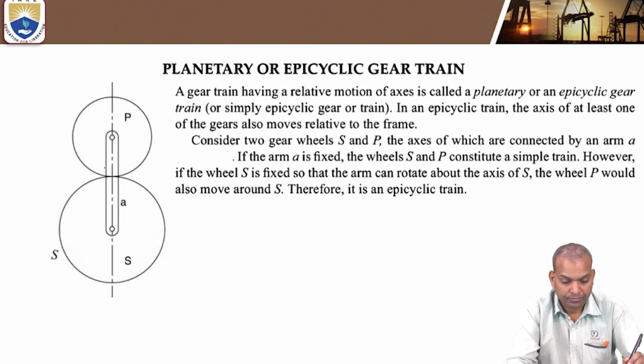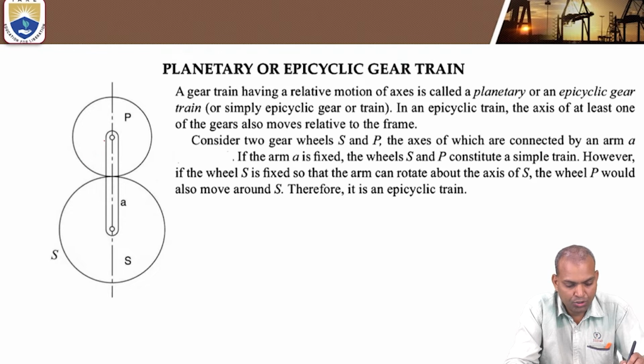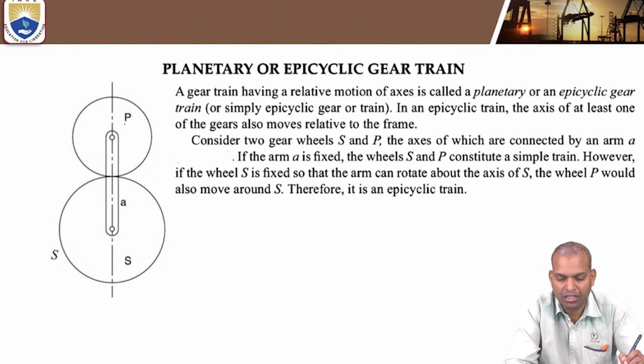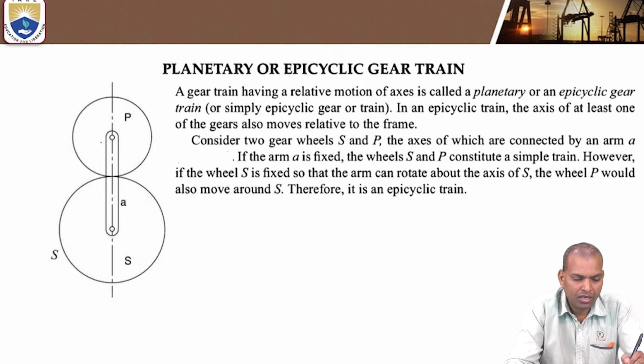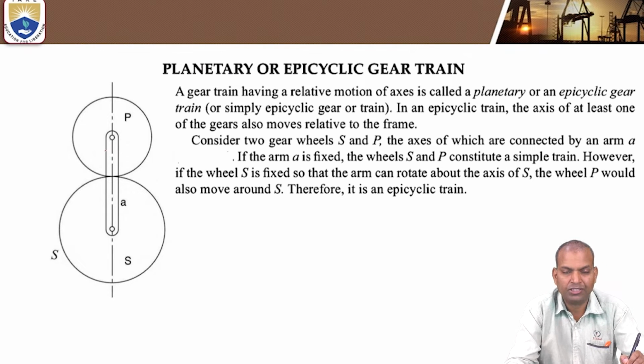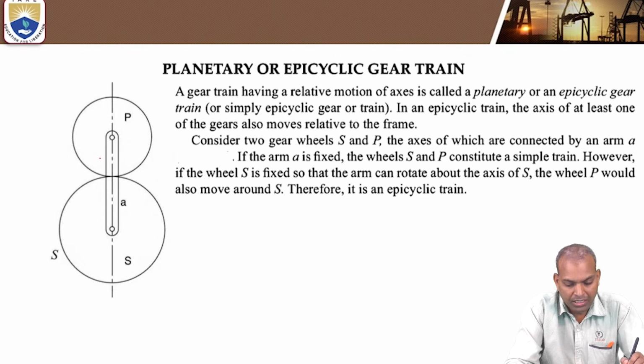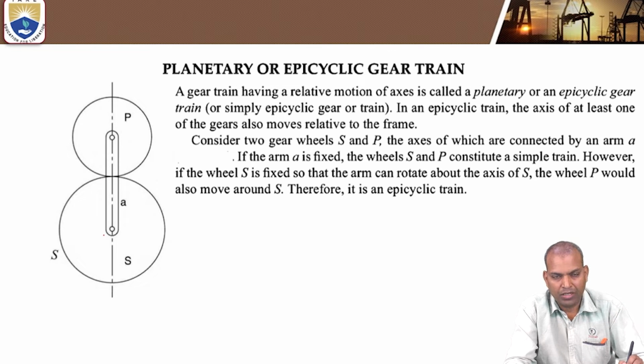A gear train having relative motion of axes is called a planetary or epicyclic gear train, or simply an epicyclic train. In this train, at least one of the axes will be moving relative to the frame.